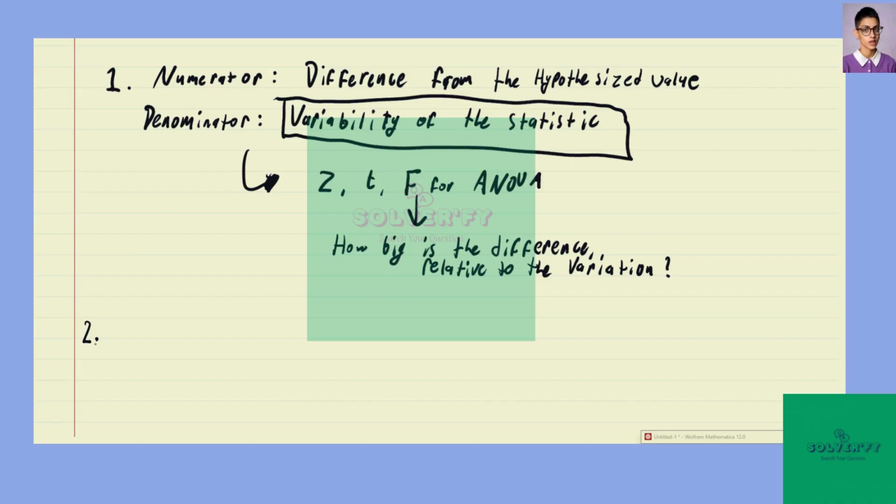Then for question 2, we're asked for the difference between the goodness of fit test and test for independence. So the logic, when we do a goodness of fit test, we're trying to see, are the proportions of results distributed as expected?